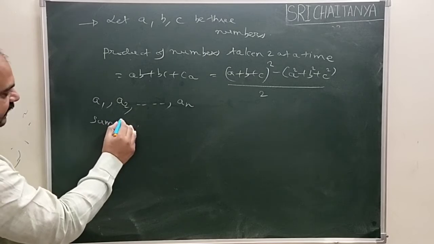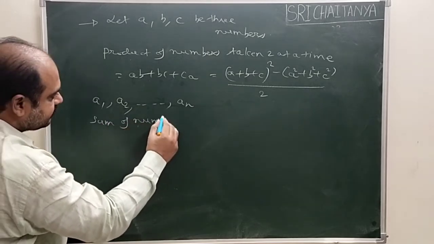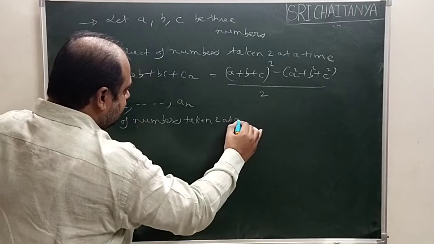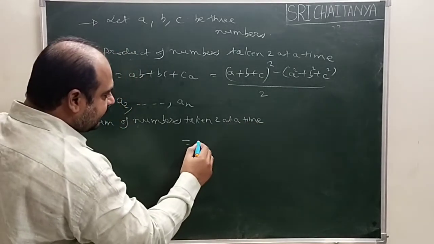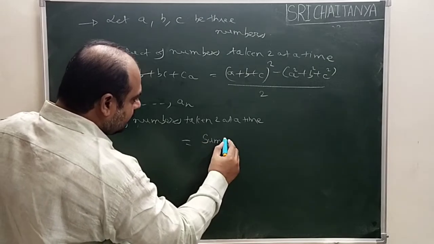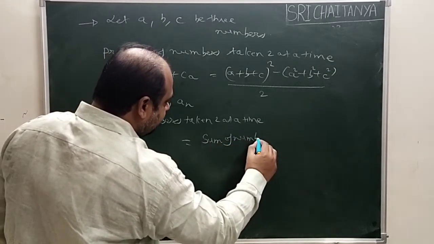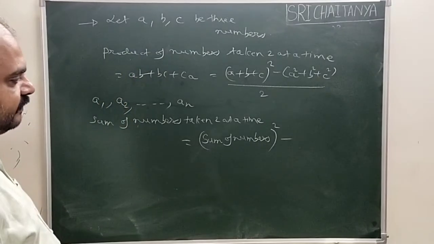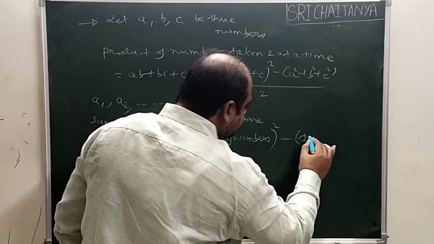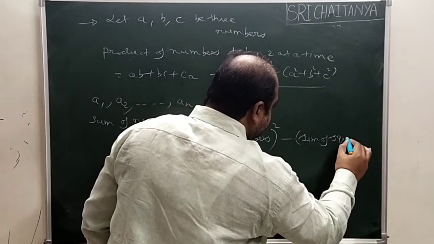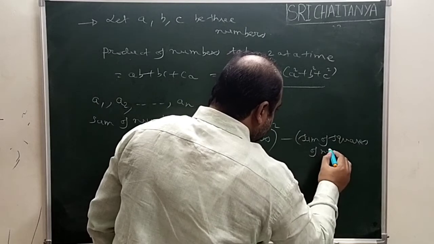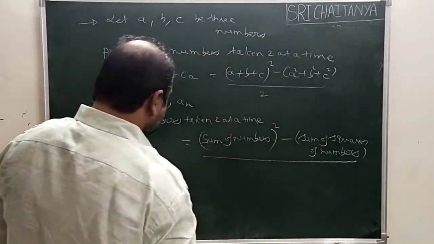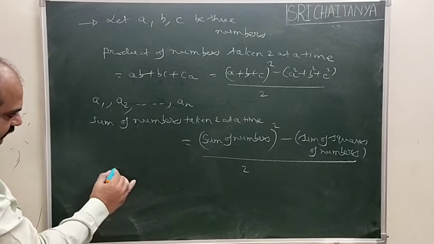If n numbers are there, the sum of numbers taken 2 at a time is nothing but the sum of numbers square minus the sum of squares of numbers, divided by 2.